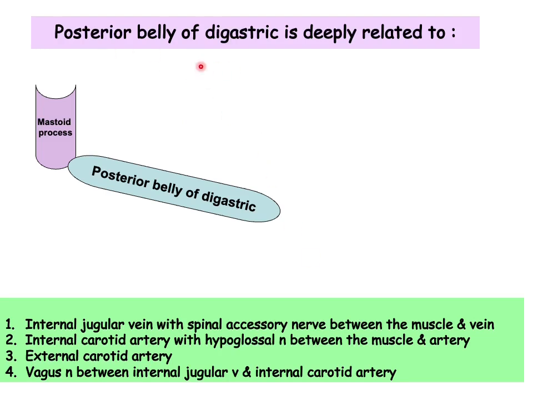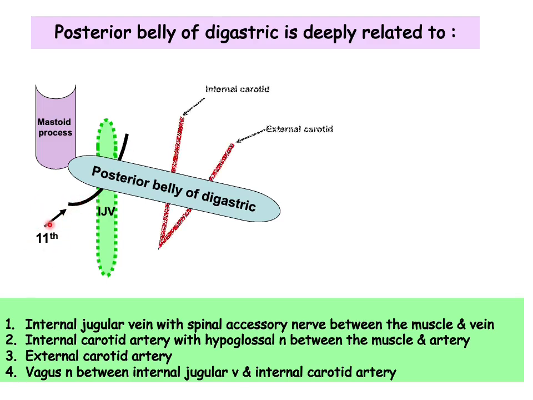What are the important structures seen deep to the posterior belly of the digastric? First of all, we have the big vessels, the internal jugular vein, and next the nerve which passes posteriorly like this, which is the accessory nerve.